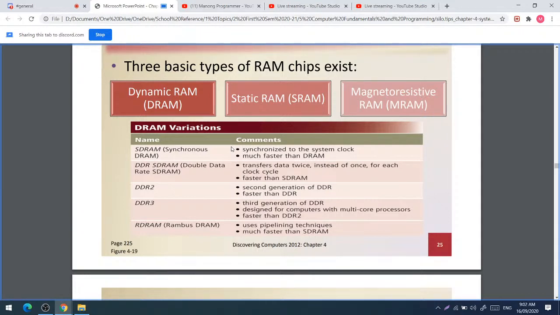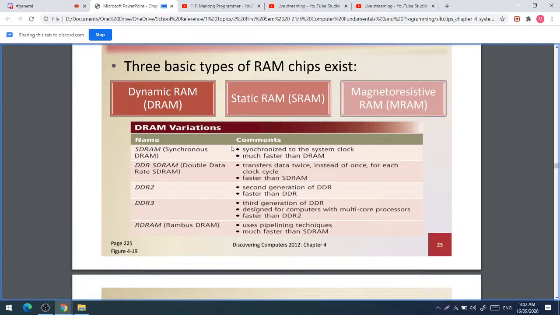Next, we have the DDR SDRAM or double data rate SDRAM. From the words double data rate, data transfer is twice the speed of the system clock or the clock cycle. So, it is faster.